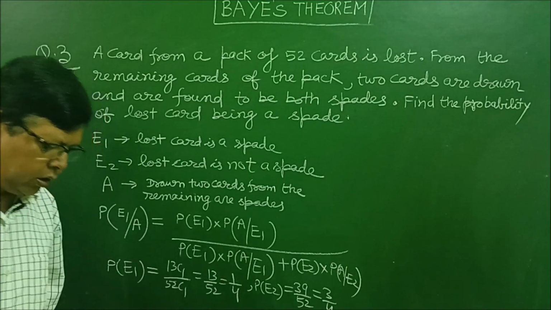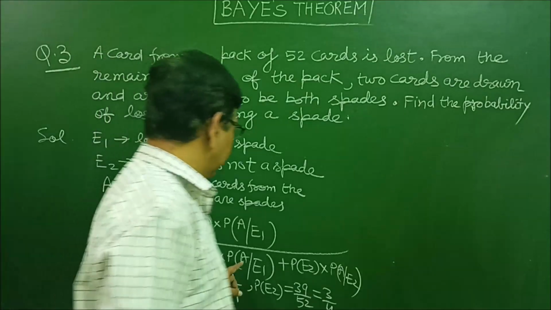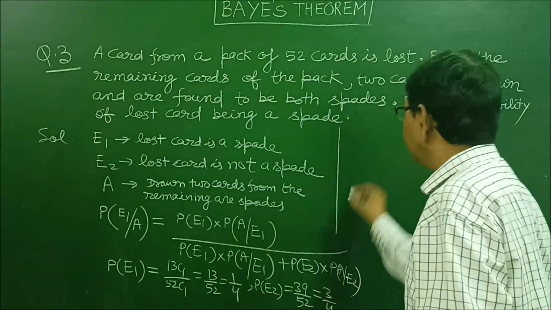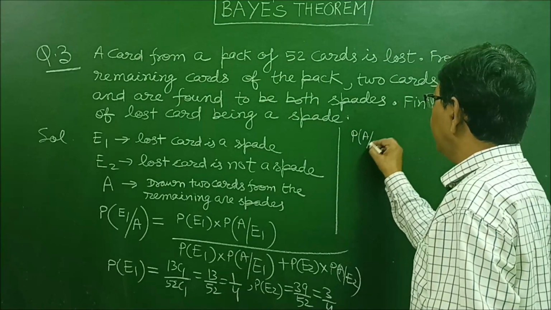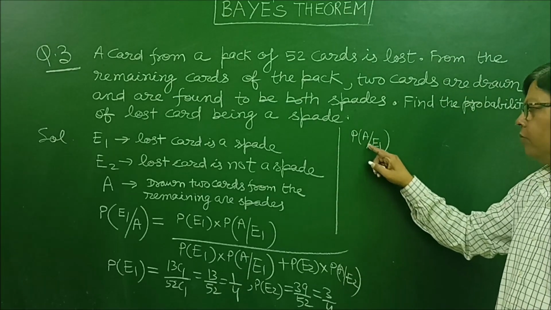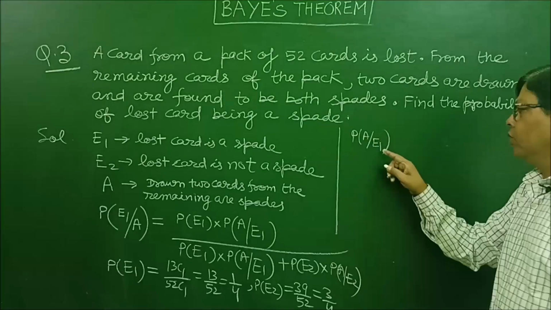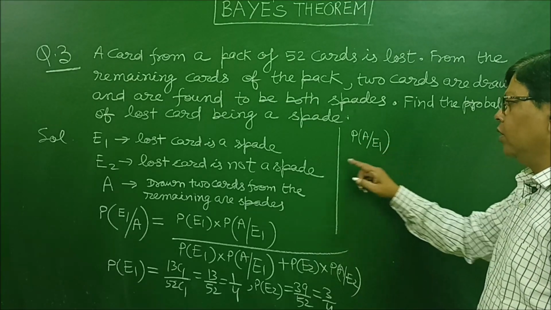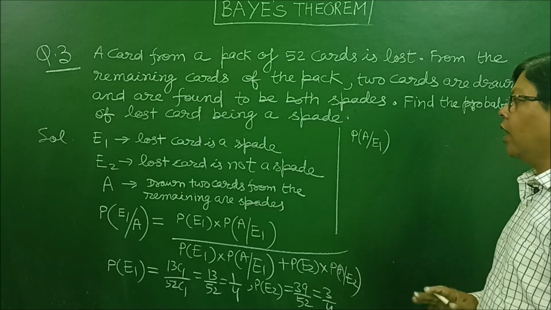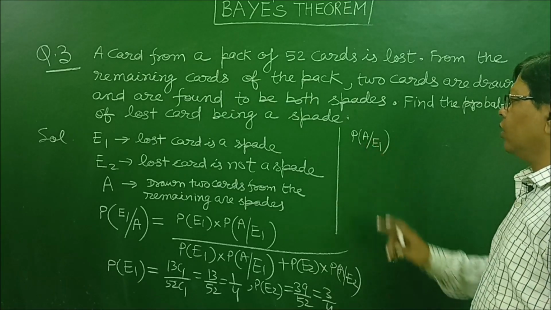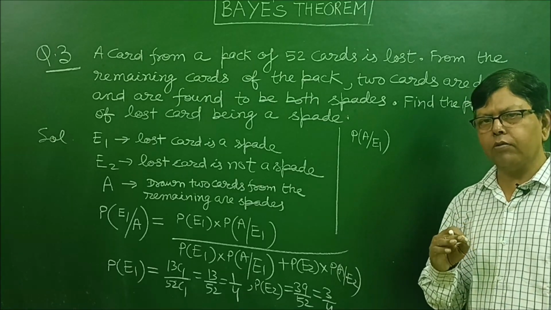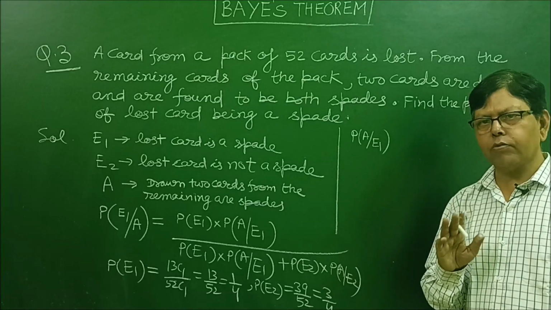Now the other probabilities we need to find here: probability of A given E1 and probability of A given E2. For A given E1, E1 has occurred, which means the lost card is a spade, and we want to find the probability that from the remaining cards the drawn two cards are also spades. If the lost card is a spade, out of 13 cards of a spade one card is lost, so now 12 cards of a spade remain.